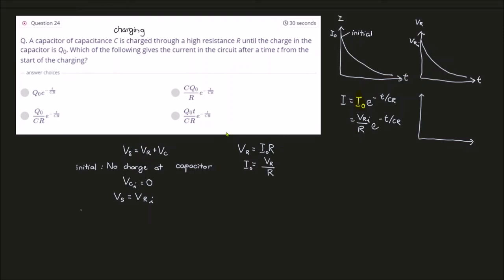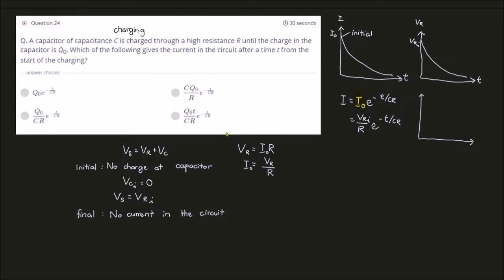But for the final situation, there will be no current in the circuit, because the capacitor is fully charged. When the capacitor is fully charged, the charge can no longer move to the positive plate.